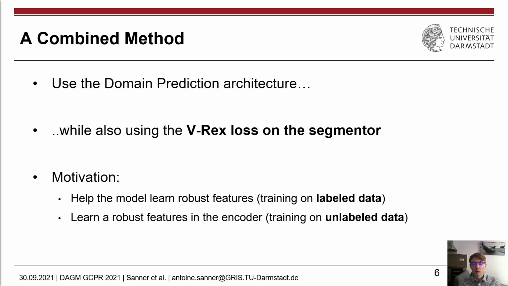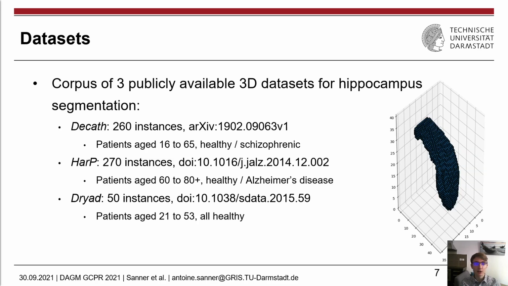To compare these methods, we gathered a corpus of three publicly available datasets for hippocampus segmentation. We nicknamed these datasets Decath, HarP, and Dryad. You can find the references on the right. As you can see, these datasets all represent a different training environment, as we find a distribution shift in patient's age from one dataset to the other.